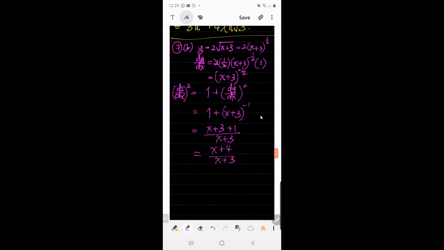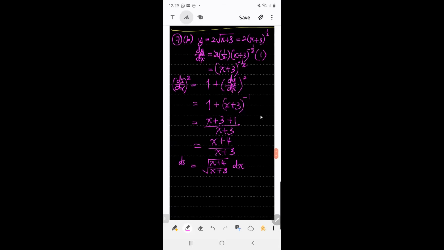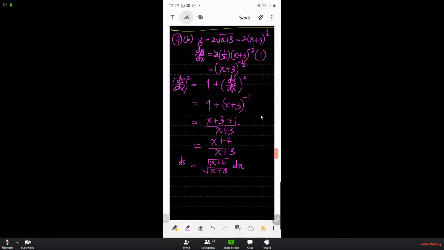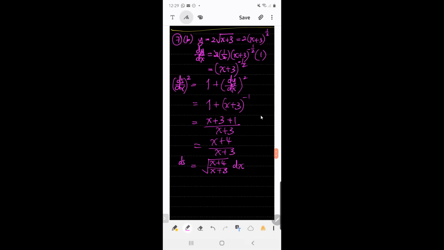So that is the expression for (ds/dx) squared. Therefore, you throw the square to the other side, like what I told you earlier. We only consider the positive, because it will be positive. So ds is equal to square root of (x plus 4 over x plus 3) dx. Now, because I'm talking about the rotation about the x-axis, I have to use y ds.